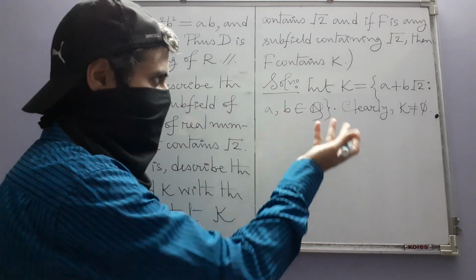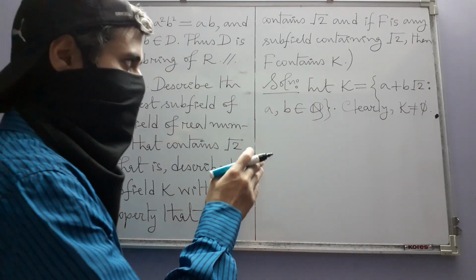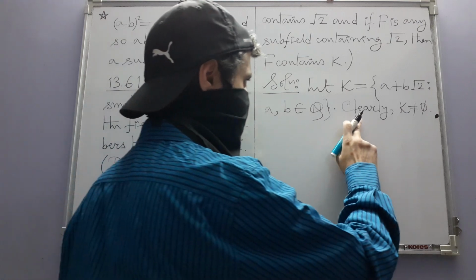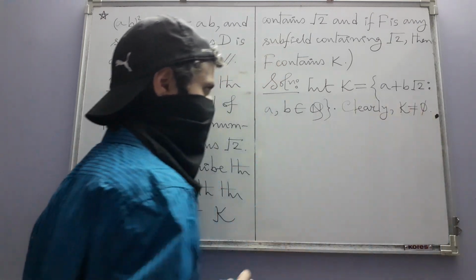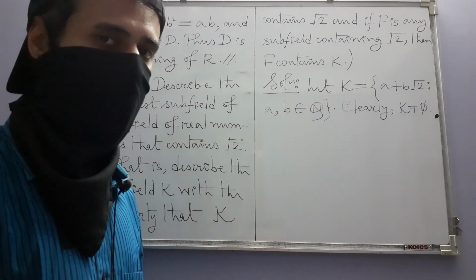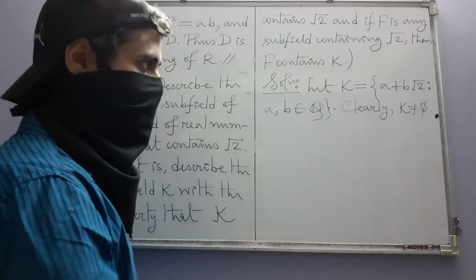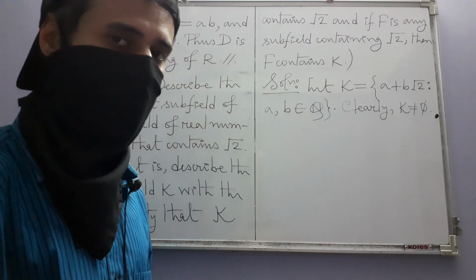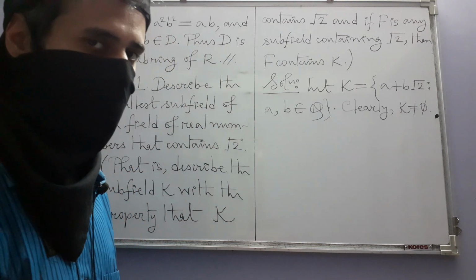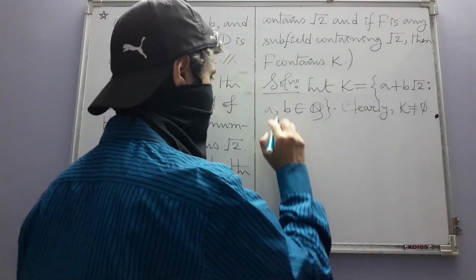In this case, however, it's fairly easy to see. But whether easy or difficult, I keep stressing this fact again and again, because this is something that we tend to forget, and we may end up proving that the empty set is a group, is a ring, or something like that, which is clearly not true by definition. But anyway, here K is non-empty.